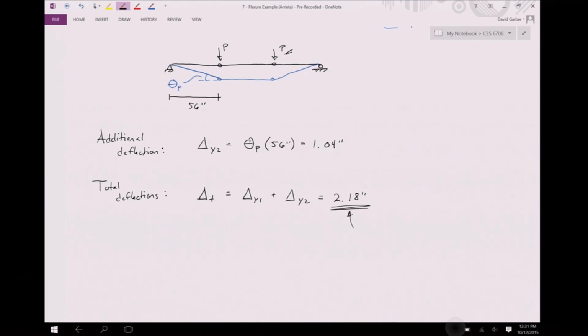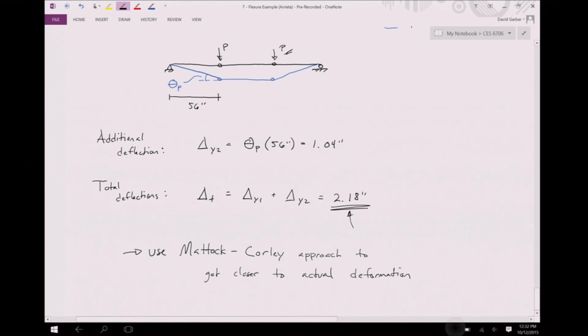So if we were to use the Mattock and Corley approach, we'll find that we can get larger displacements, to get closer to actual deformation. Okay, and that's the end of this.